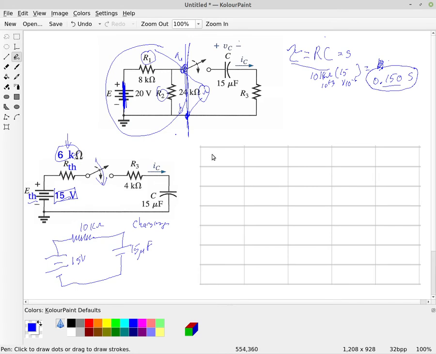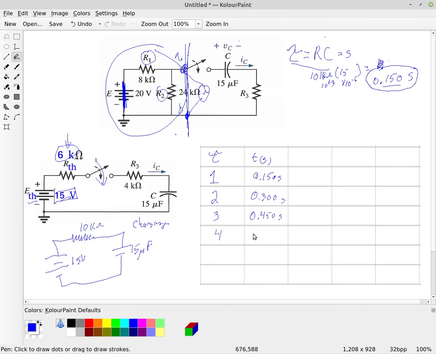All right, so when we look at charging, we have our time constant tau. The first time constant, this will be time in seconds here, is 0.150 seconds. The second time constant is 0.3 seconds. The third time constant would be, of course, 0.45 seconds.